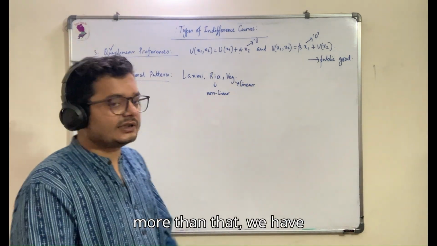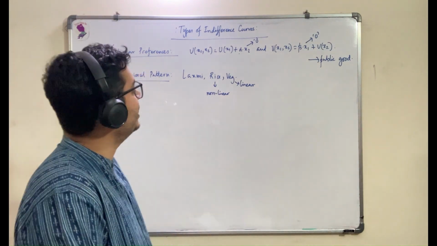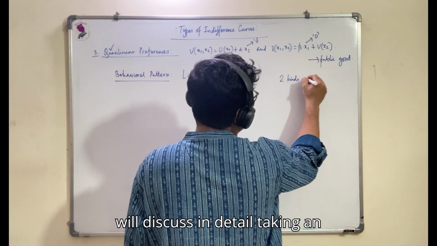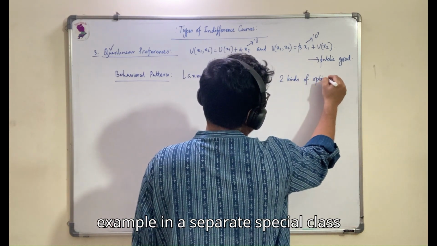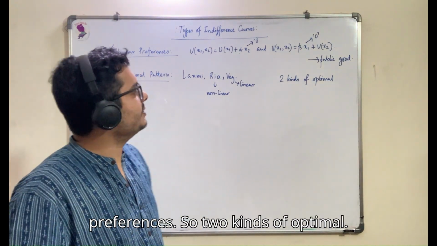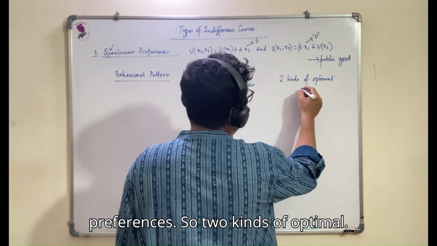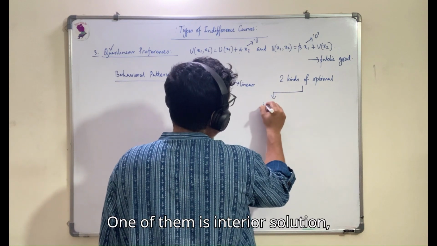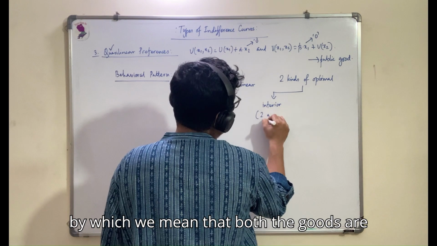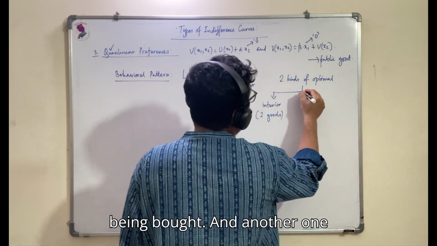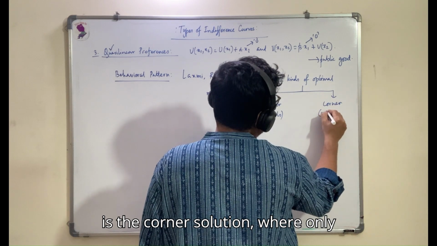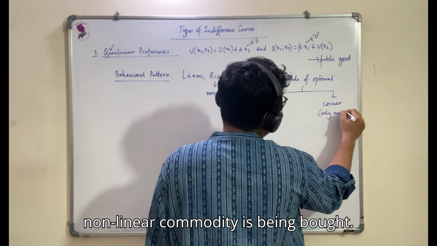But more than that, we have two kinds of optimal here, and we will discuss that in detail, taking an example in a separate special class dedicated only to quasi-linear preferences. So two kinds of optimal. One of them is the interior solution, by which we mean that both the goods are being bought, and the other is the corner solution, where only the non-linear commodity is being bought.